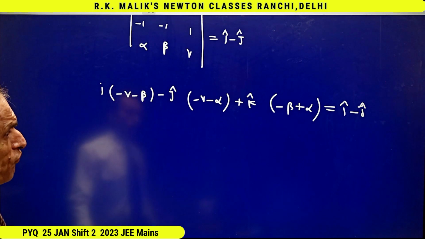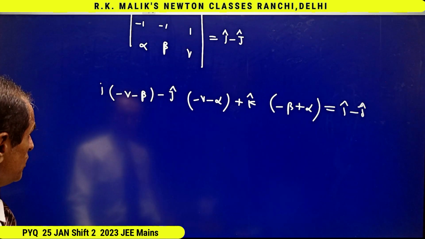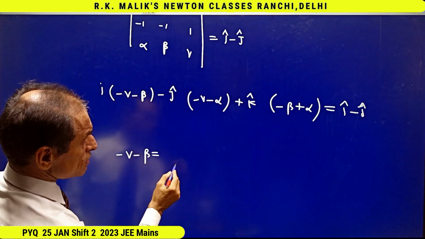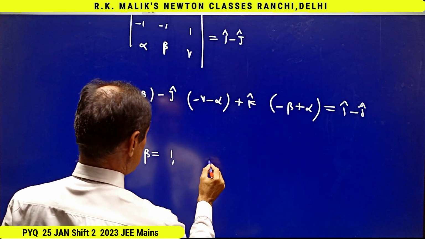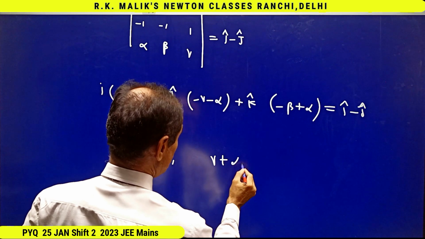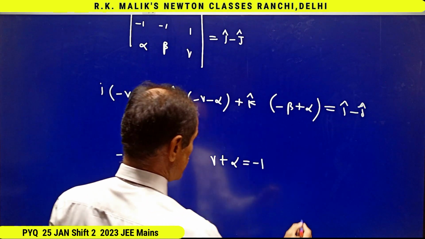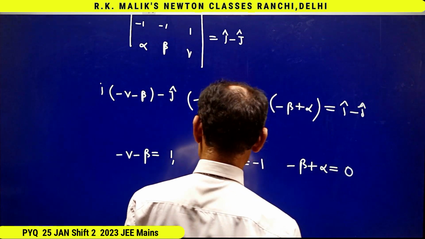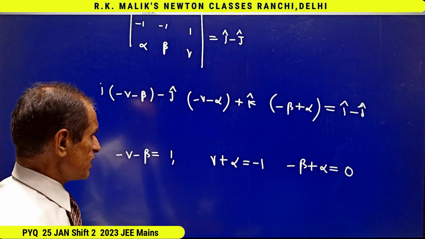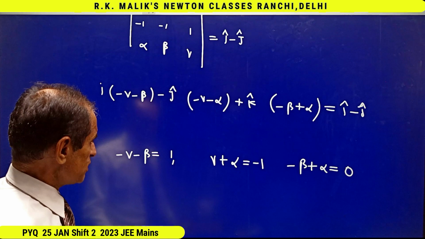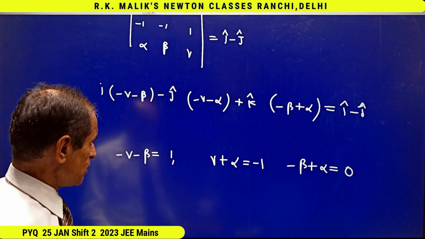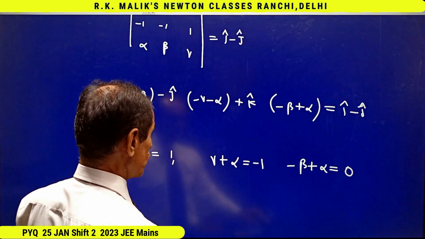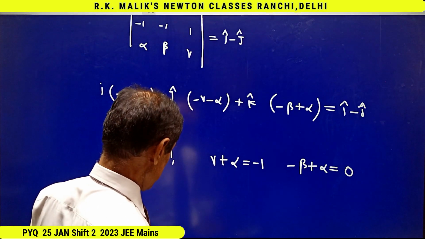And comparing the coefficients of I, J and K, I get minus gamma minus beta equal to 1, gamma plus alpha equal to minus 1, minus beta plus alpha equal to 0. But note that it's not possible to find the value of alpha, beta and gamma with the help of these three relations, because these three are not independent relations.